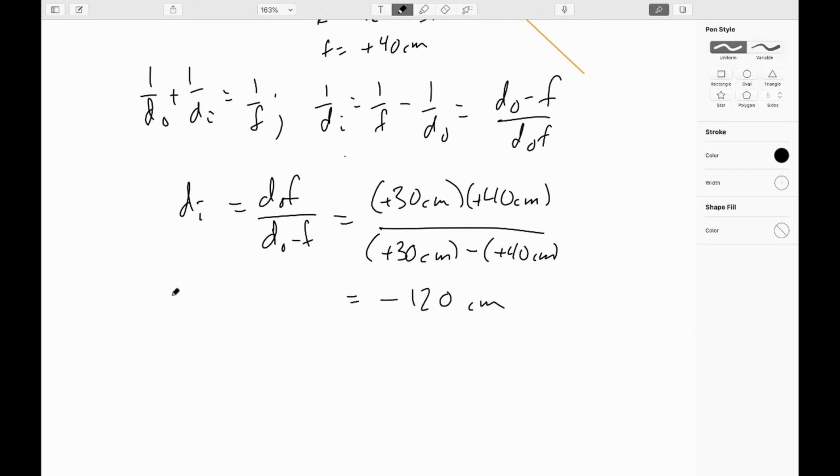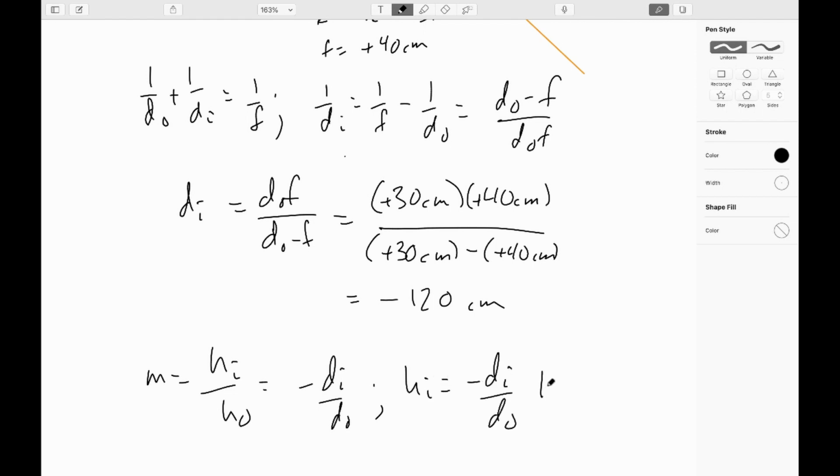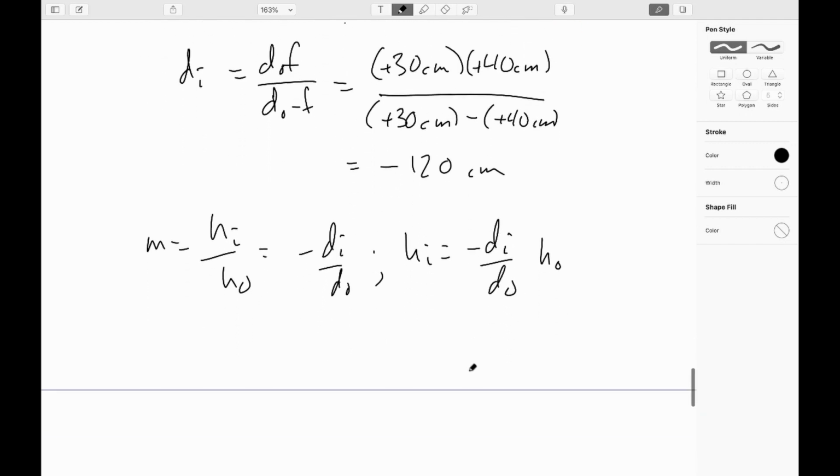And again, we can use the magnification relation, so it will tell us that magnification equals minus di over dO, but that's also hi over ho, which is minus di over dO. So it'll give me that hi is equal to minus di over dO times ho. And again, you cannot drop the minus signs.